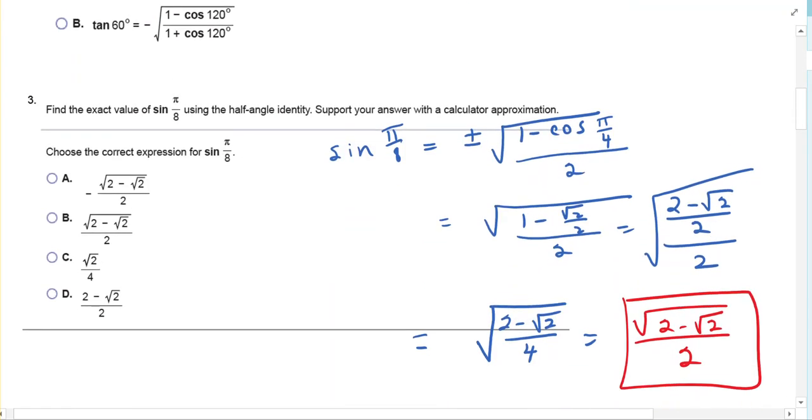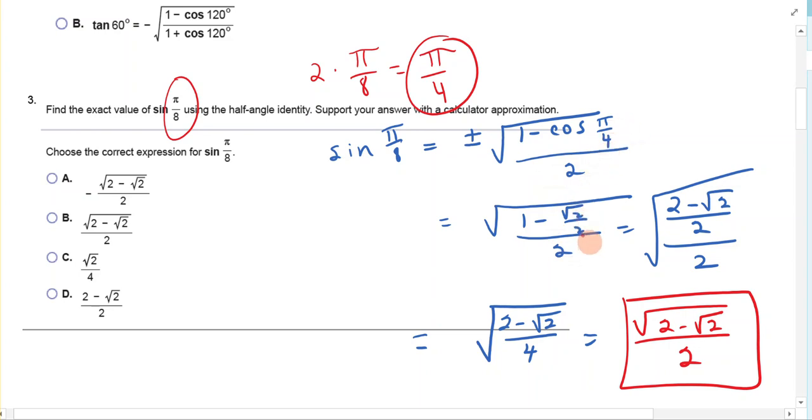Find the exact value of sine pi over 8 using the half angle identity. So if you double pi over 8, you get pi over 4. That's an angle that we know the trig functions for. So we're going to use pi over 4. So we put in 1 minus cosine pi over 4 over 2, and then we plug in what is the cosine of pi over 4.